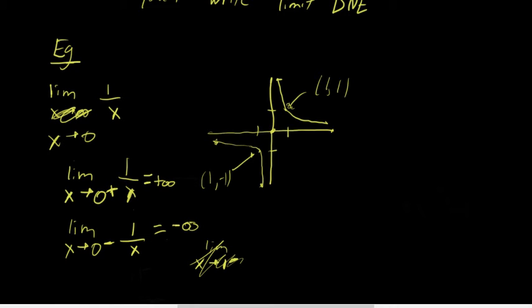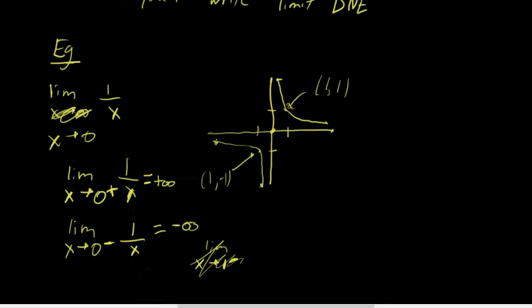So let's say you're given negative 10,000. If you let x equal negative 1 over 11,000, then 1 over x would be negative 11,000, which is a more negative number, a larger negative number than negative 10,000.